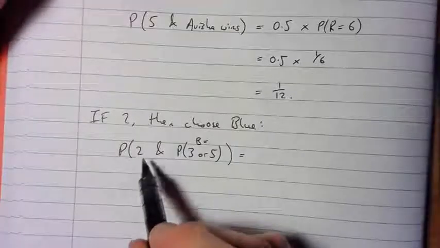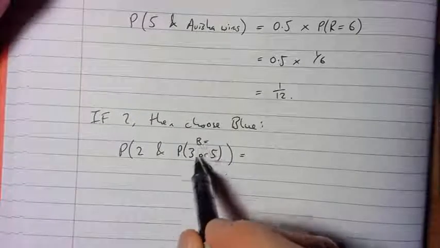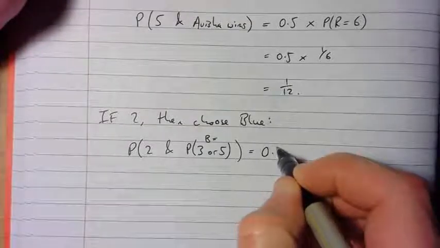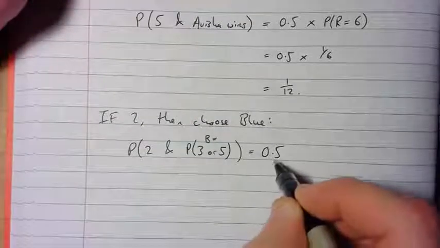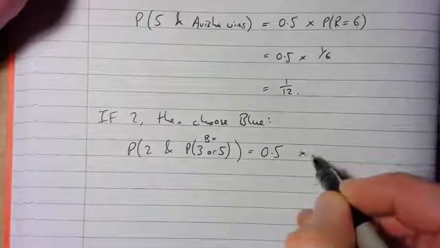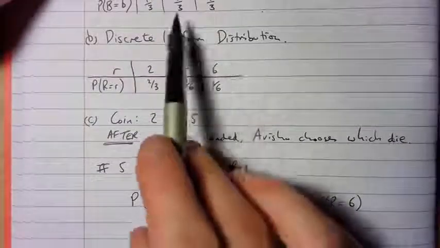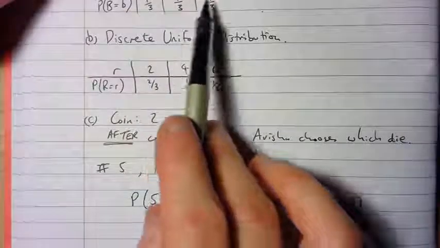So the probability of 2 on the coin and blue equals 3 or 5. Now, there's only 2 sides to the coin, so the probability of getting a 2 is 0.5. We said the combined probability there of a 3 or a 5 is 2/3.